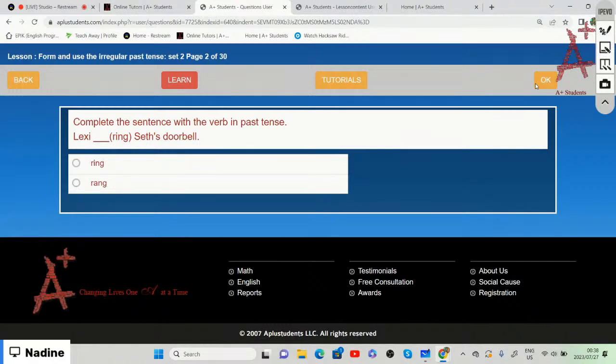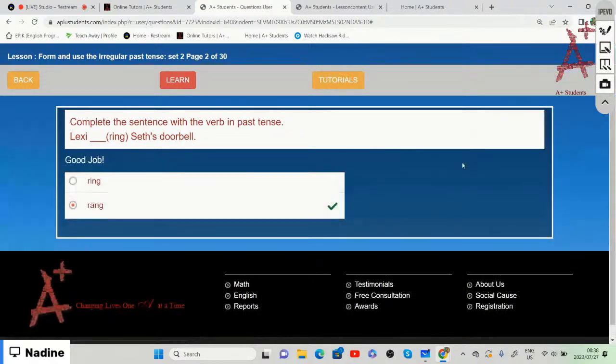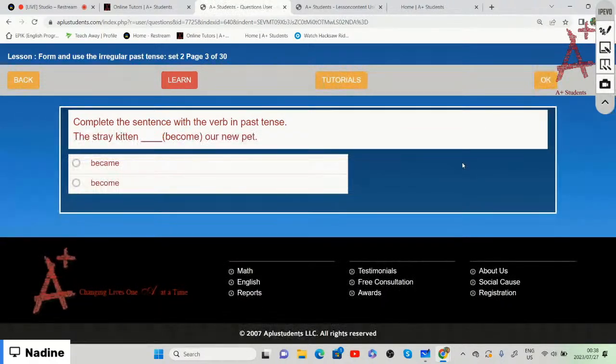So we need to find the irregular past tense form of ring. Is it ring or is it rang? The irregular past tense form of ring is rang, which means Lexi rang Seth's doorbell. So it's as if the word changes.